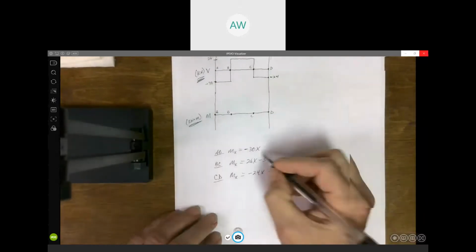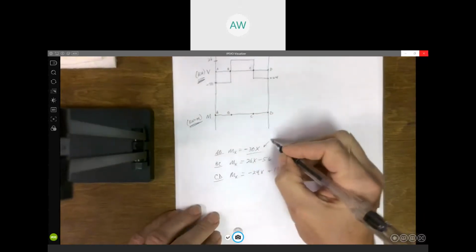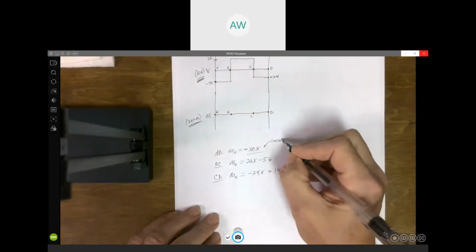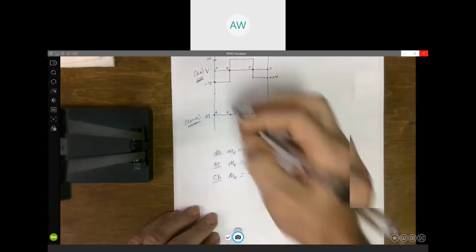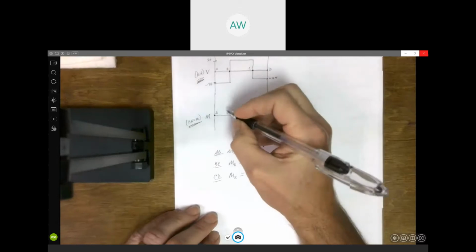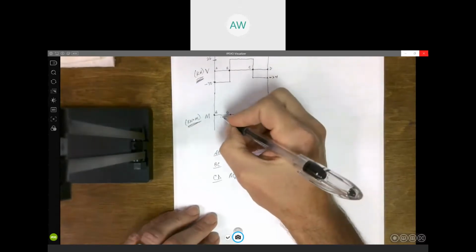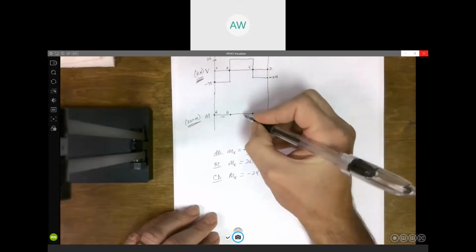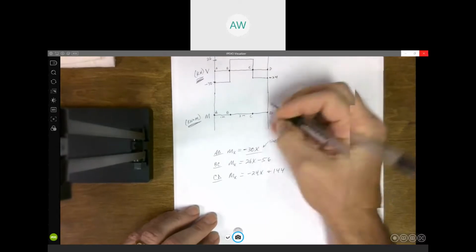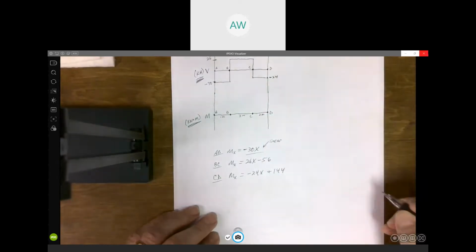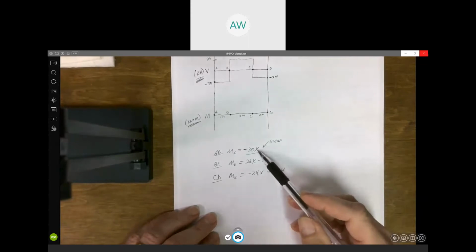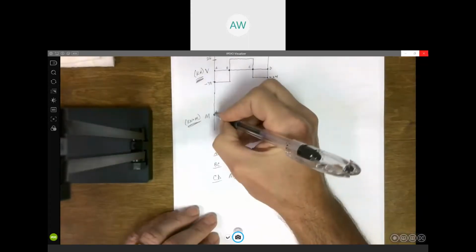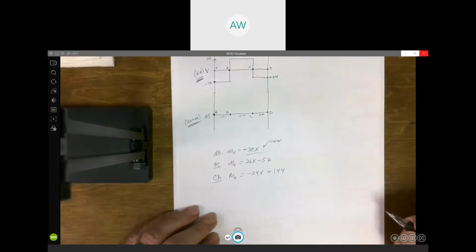All right, so again, this is linear. The graph's going to be a straight line. Oh, and we'll put some dimensions on here because we're going to need values. This is 1 meter. This was 3 meters. And this was 2 meters. All right, so when x is 0, M is 0. So we start here at 0.